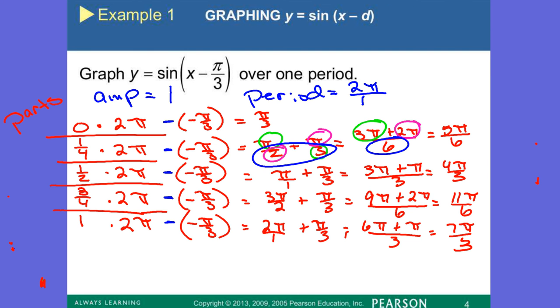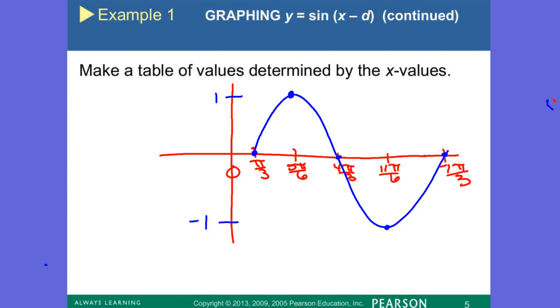In example 1, it was minus a negative pi over 3, because this is negative pi over 3. So it's always a minus symbol here, and then my phase shift goes next. But negative times negative gives me a positive, so two negatives make that a positive. Does that answer your question? Yeah.